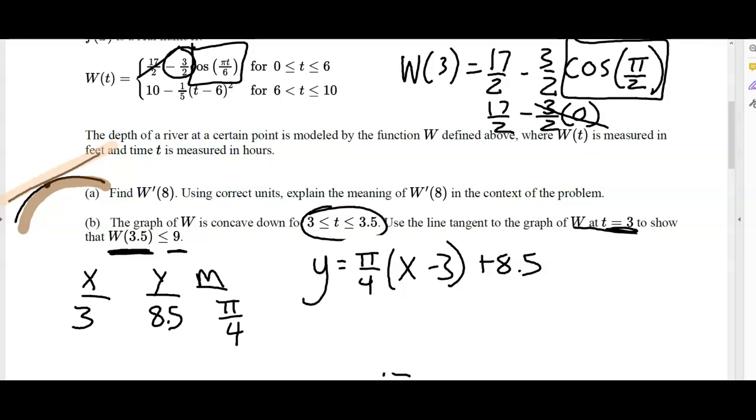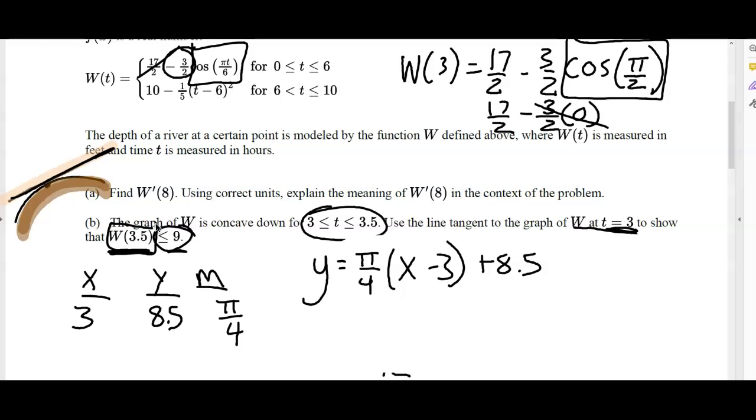So we're talking about this graph of w, which apparently is concave down, which means that the tangent line is above that. So if I can prove that my tangent line is less than 9, then that would mean that my function has to be less than 9, because the tangent line is bigger than the function.